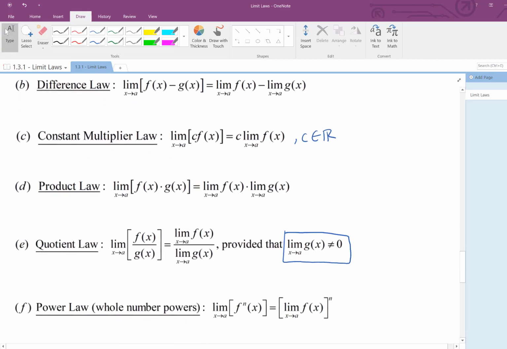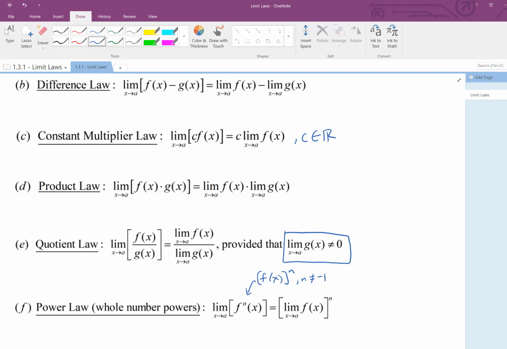We've got a couple of power laws too before we look at an example in a moment. Power law for whole number powers. So again, n is 1, 2, 3, 4, and so on. If you take the limit as x goes to a of the nth power of f of x, remember this notation just means take the function and raise it to the power n, assuming n is not equal to -1, because then that would be an inverse function situation.